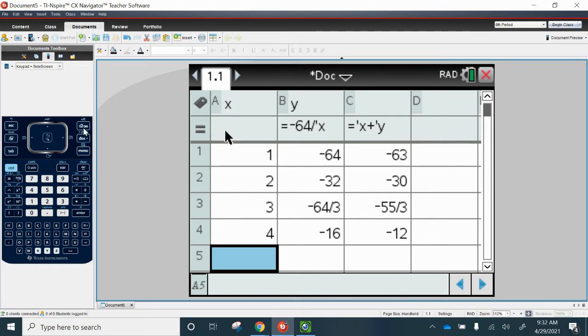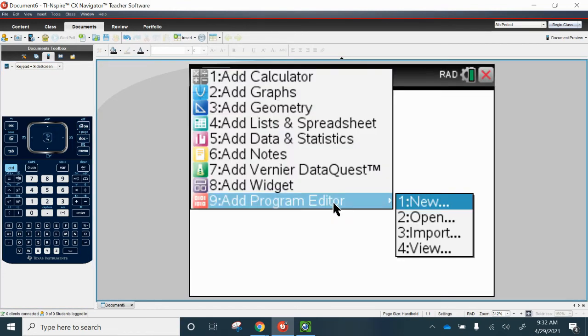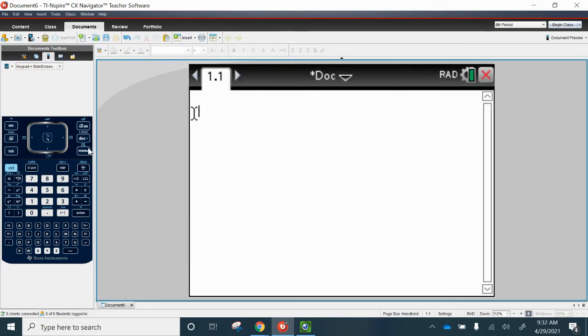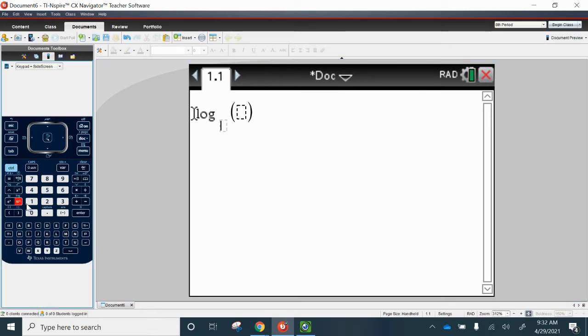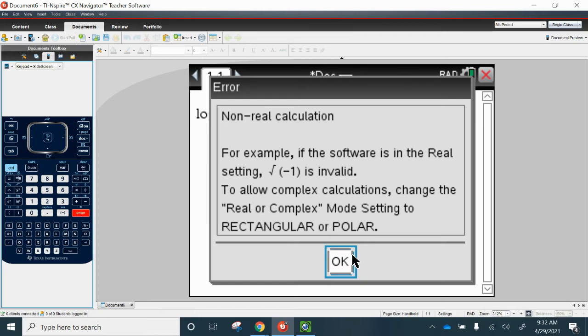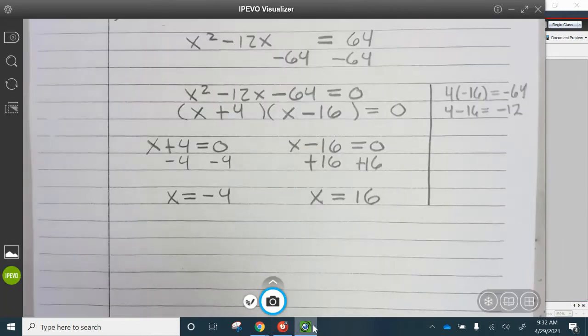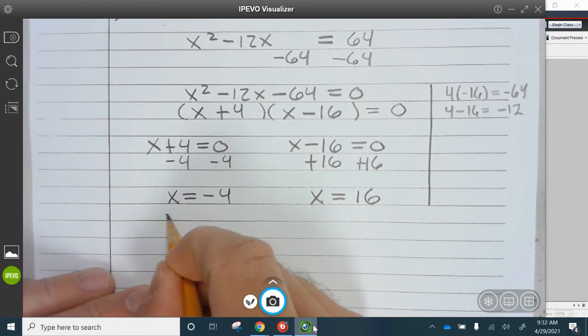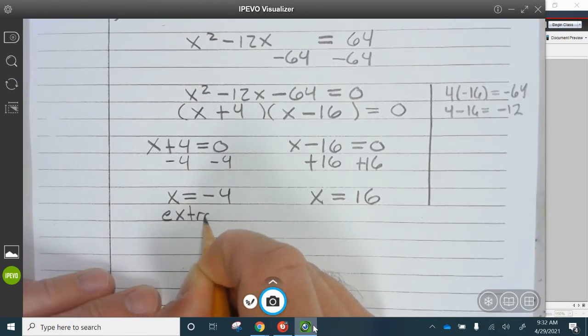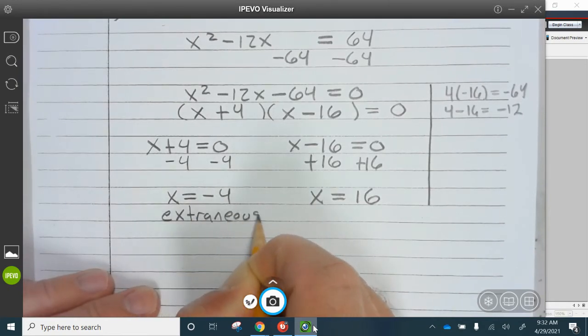Okay, so we're going to go to on, new document, add calculator. So let's plug in negative 4 first. So control log base 4 of negative 4 plus control log base 4 of negative 4 minus 12. Now you get a non-real calculation. That means that negative 4 is an extraneous solution.